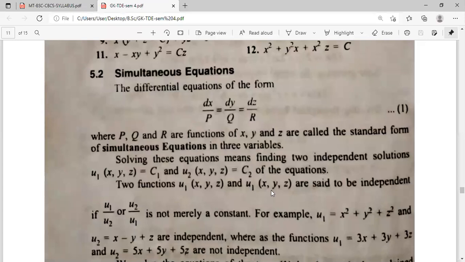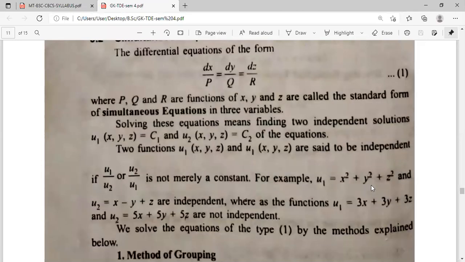For example, u1 equal to x square plus y square plus z square and u2 equal to x minus y plus z are independent, whereas the functions u1 equal to 3x plus 3y plus 3z and u2 equal to 5x plus 5y plus 5z are not independent, because if you divide one by the other, you get a constant. If you get a constant, then they are dependent. If you do not get a constant, then they are independent solutions.